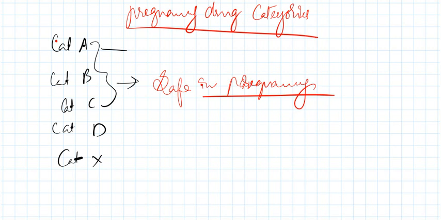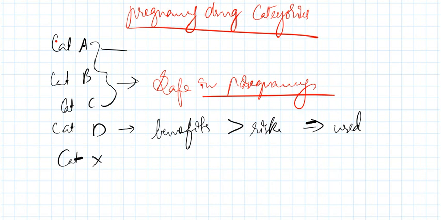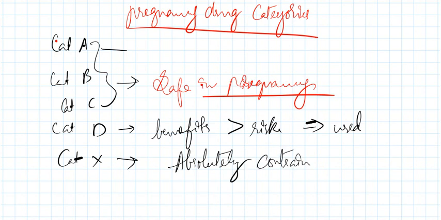Now what about category D? Category D is something used in pregnancy, but the benefits are greater than the risk, might be acceptable. If the benefits outweigh the risks, then it can be used in pregnancy. But what is category X? It is absolutely contraindicated. Category X drugs are absolutely contraindicated in pregnancy, because they cause serious problems, serious complications that you can't even imagine.